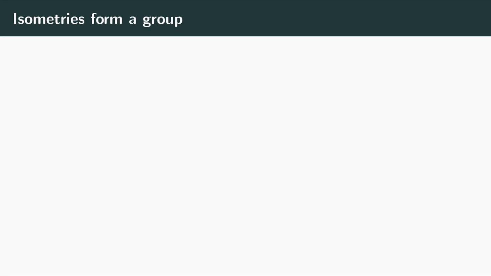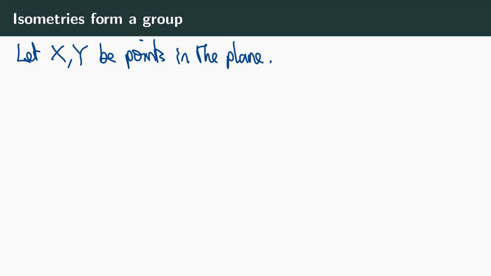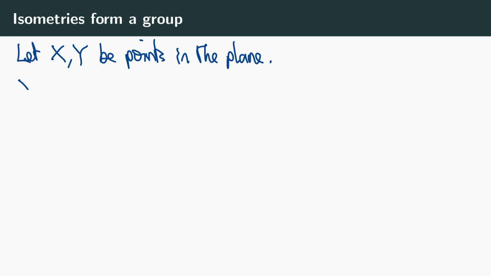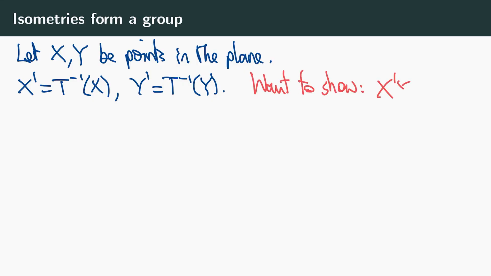So now what we do is we want to show that T inverse is an isometry. So for this, let's let x and y be points in the plane. And I'm thinking of these as arbitrary points in the plane. And now we want to show that x prime and y prime, the images of those under T inverse, are the same distance apart as x and y. Okay, how do we do this?